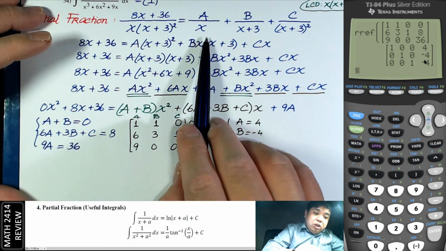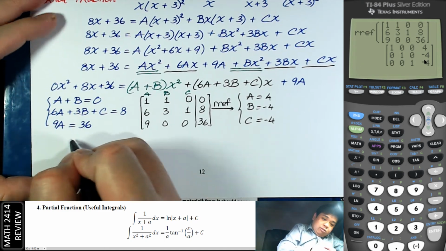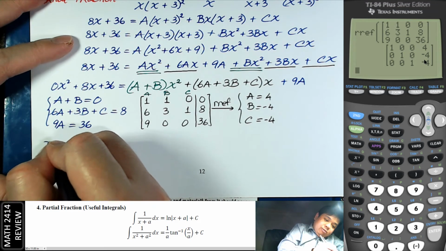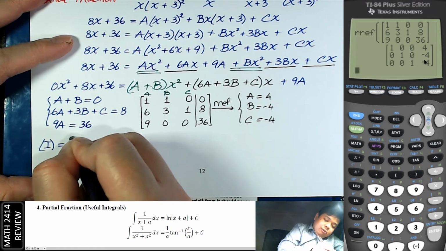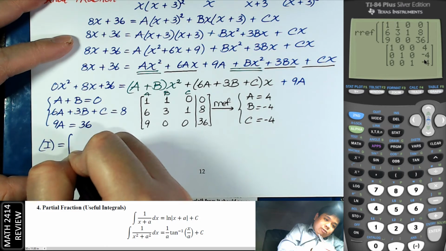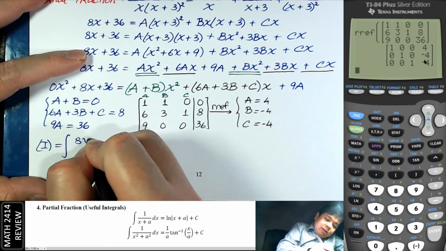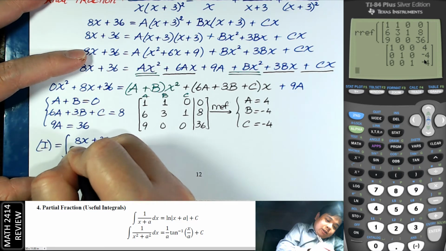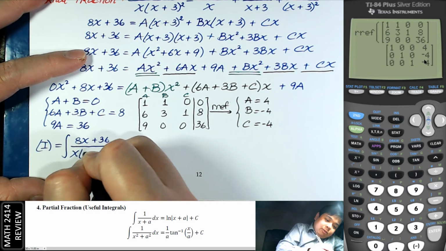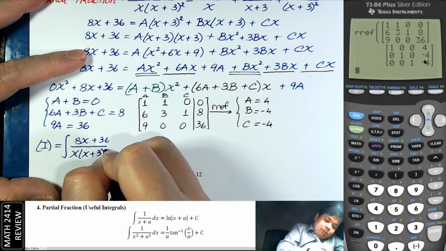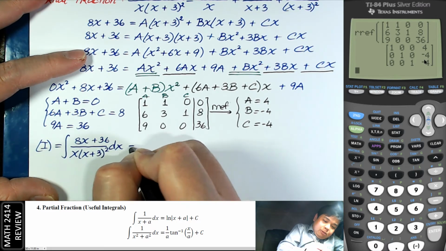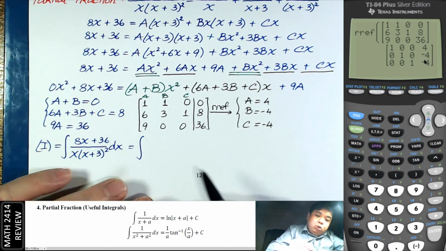So that means we split the integral as follows. The integral of (AX plus 36) we split into 3.